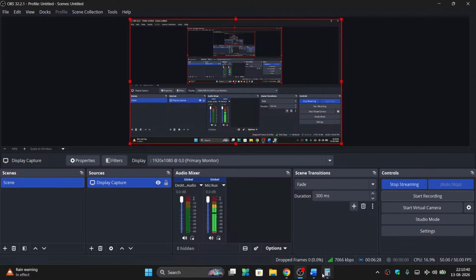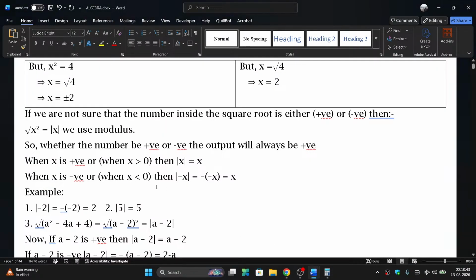Okay, so for those kinds of situations we don't use modulus, but there are some situations where we should use modulus. Let there be a modulus of x, and if the value of x is positive, then modulus of x would be directly equal to x.